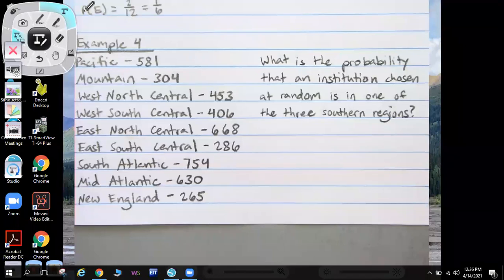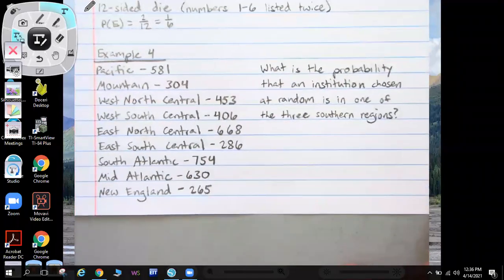What is the probability that an institution chosen at random is in one of the 3 southern regions?